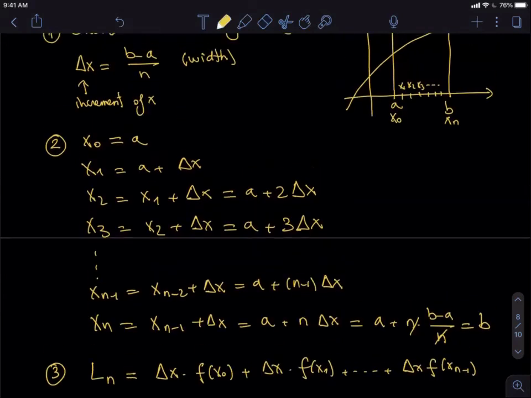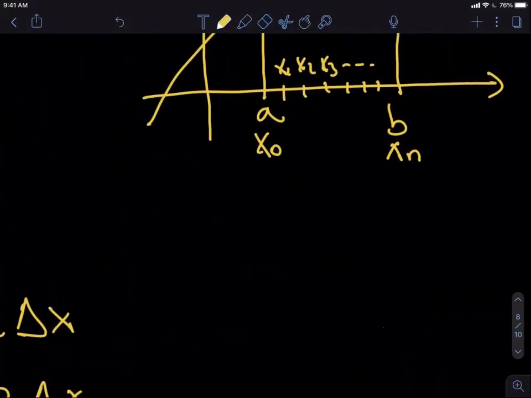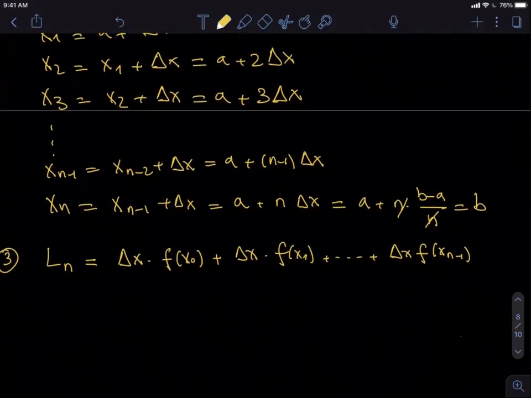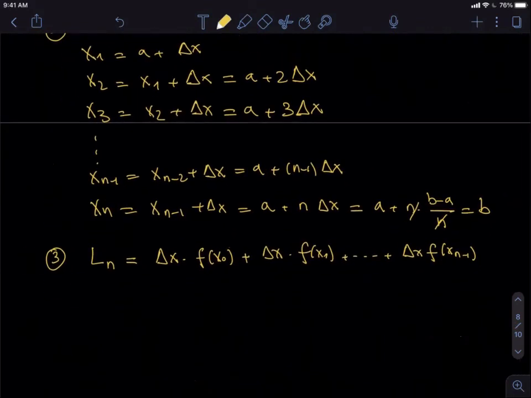Okay, why is that? Because we need to stop on this one. Okay, if it's left endpoints, we need to stop where we have a left endpoint. So it will be looking like this. So n minus 1.